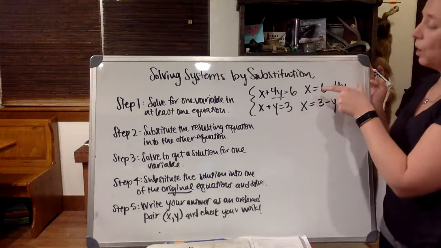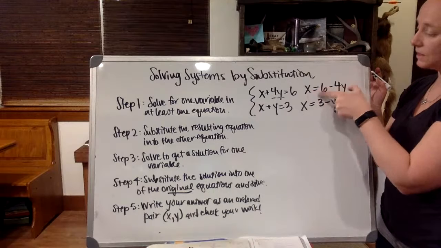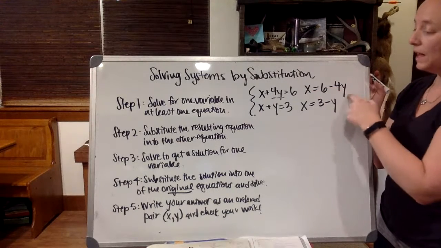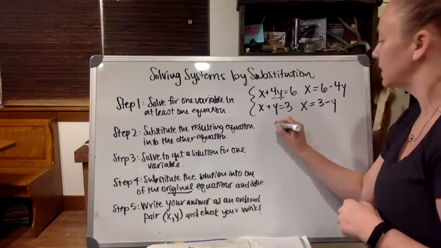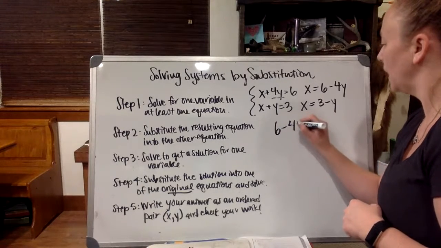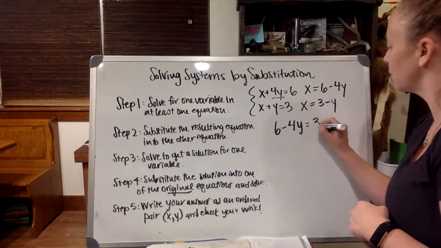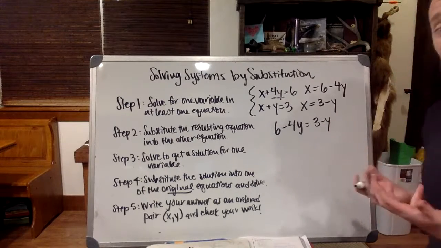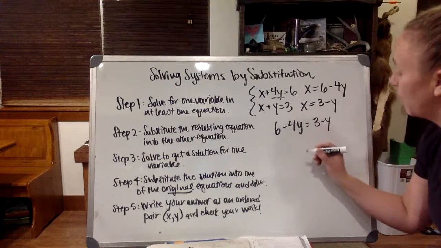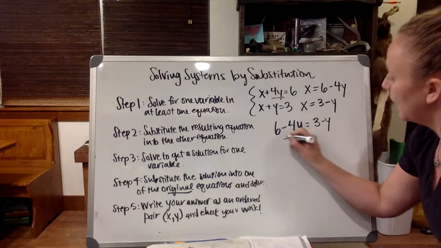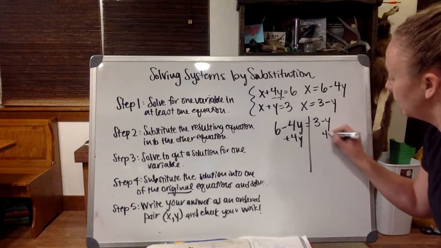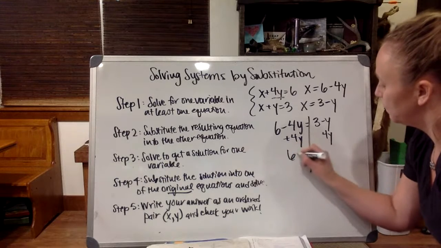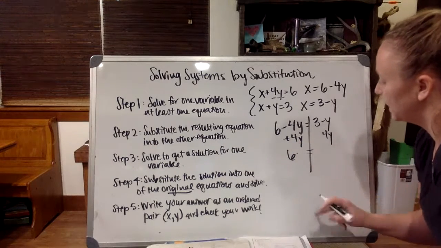I can substitute one of these equations, x is equal to 6 minus 4y, in for x in this other one, and I can create one solid equation. So I get 6 minus 4y is equal to 3 minus y. Now let's solve for y. Let's get y by itself. I'm going to add 4y to both sides so I can get positive y values, just because that makes my life a little bit easier.